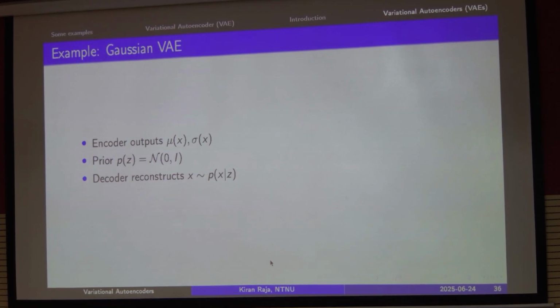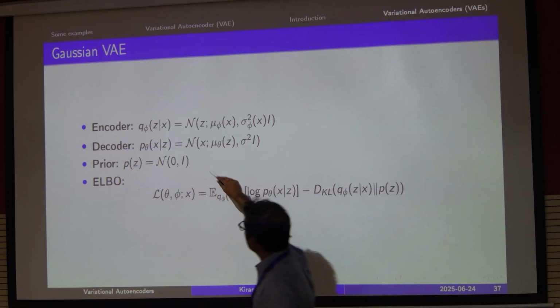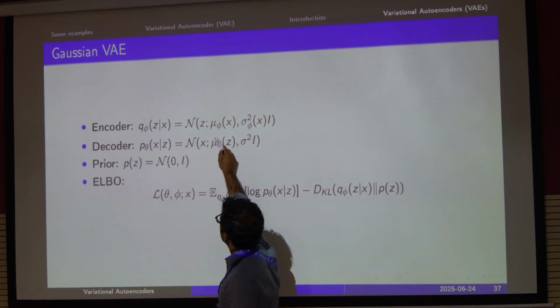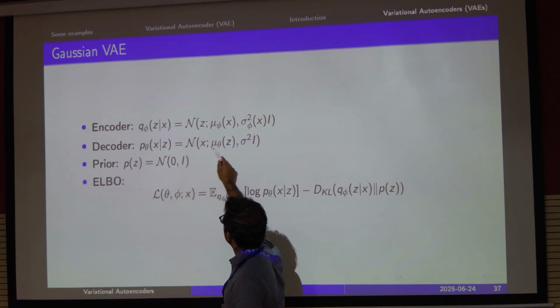Okay, in the case of a simple Gaussian encoder, again everything remains the same. If you want to take it in detail, you can say that q is nothing but a normal distribution of z given x, with mu of x and sigma of x, and then you have the decoder which is doing exactly the same thing.